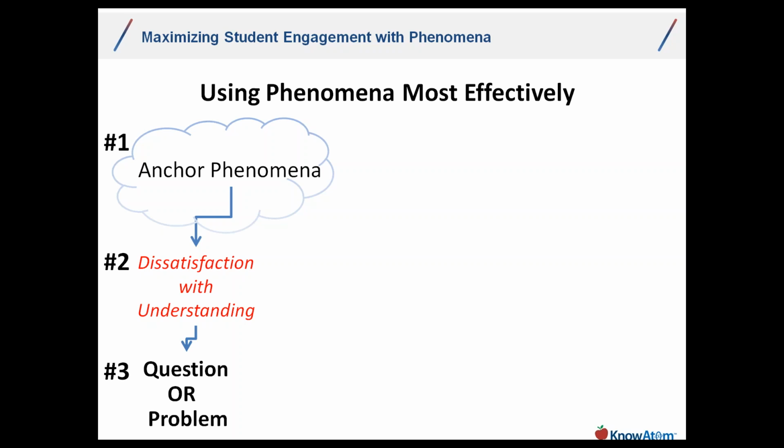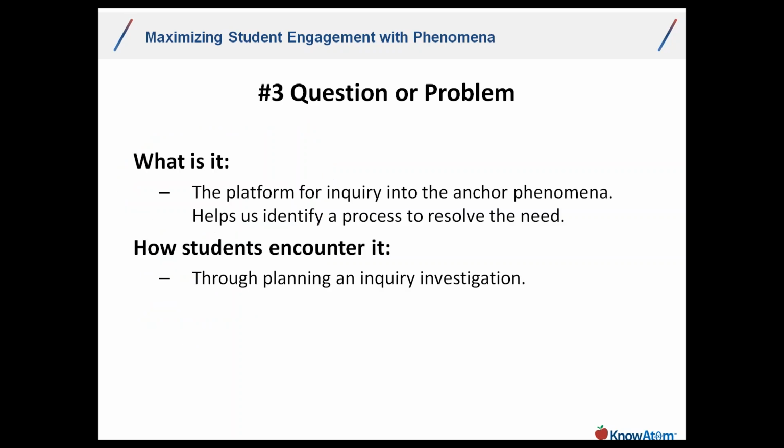If we are going to take on an engineering role as a student, then we are going to identify a problem and then pursue that problem to an evidence-based solution through prototyping. And both of those are sort of process-oriented. Now, the question or problem is the actual platform for the inquiry. That is what we are investigating, either the problem or the question.